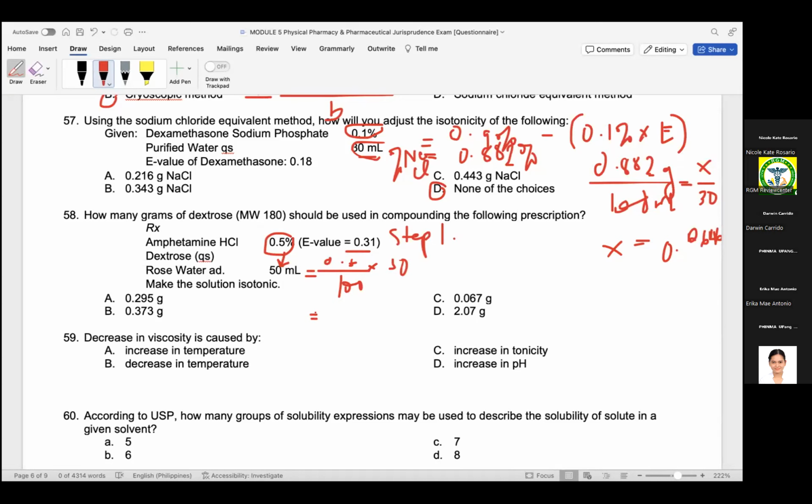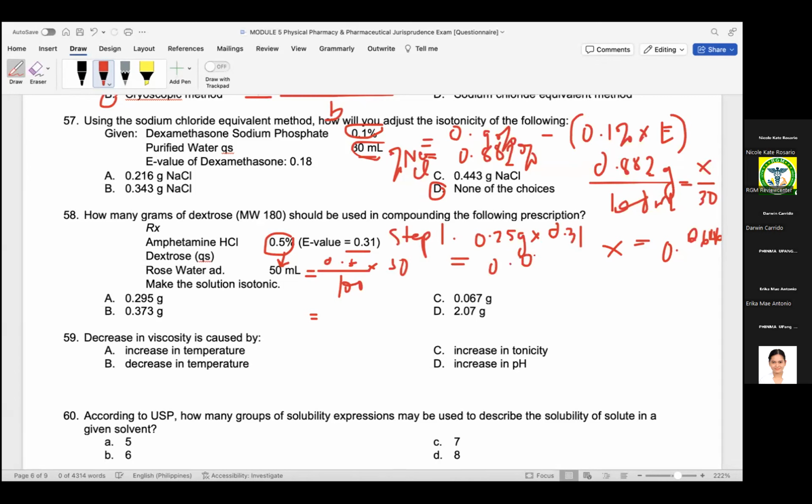That's 0.25 gram. So you multiply this by E-value 0.31. And the answer here is 0.0775.